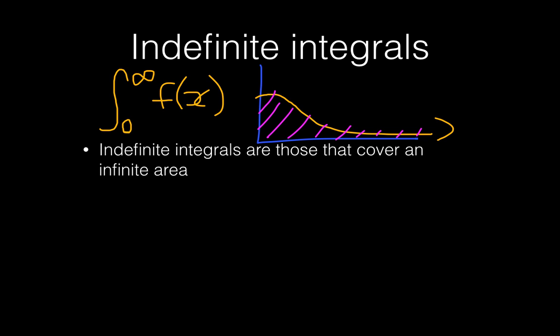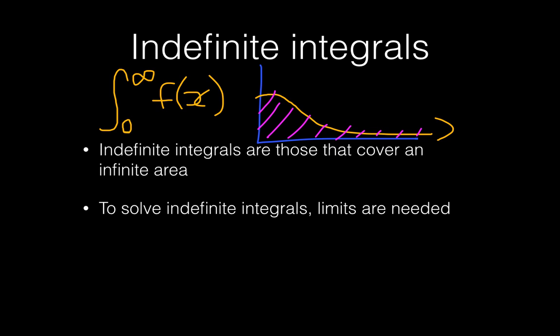So there's an infinite amount of space underneath the graph that the area is being taken under. To solve improper integrals, you need limits because you can't work directly with infinity without using limits. Many improper integrals are in fact infinite, although sometimes the integrals do converge and the area is actually finite.